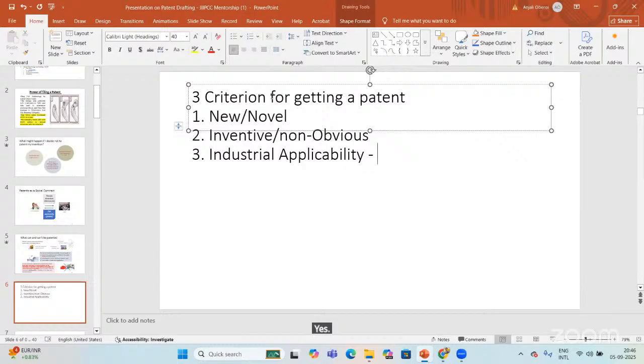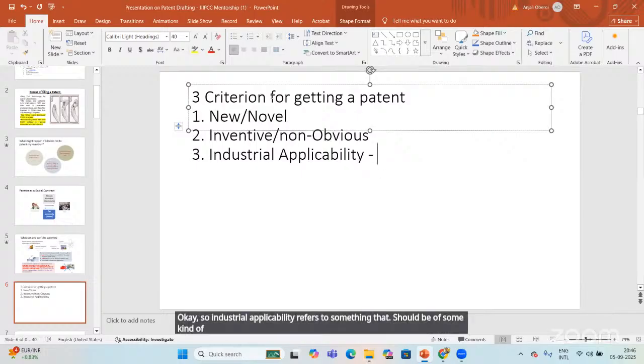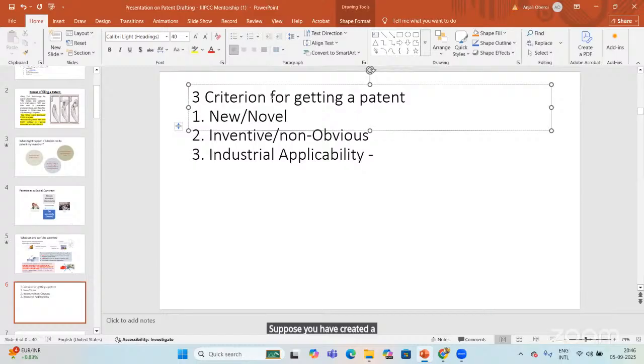Yes, sir. So industrial applicability refers to something that should be of some kind of use or some kind of consumer-related benefit. Suppose you have created a mobile phone, that has industrial applicability. Consumers are using those phones for enhanced connectivity. Even laptops, touchscreens, tablets all have industrial applicability.